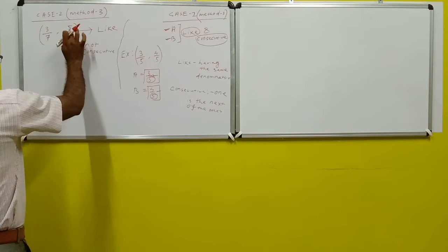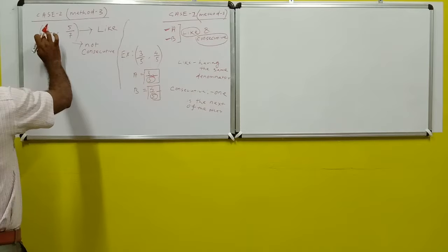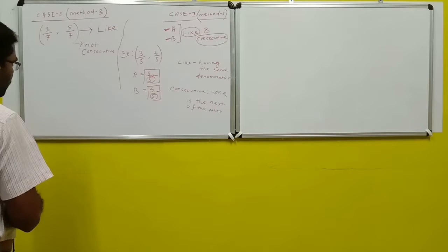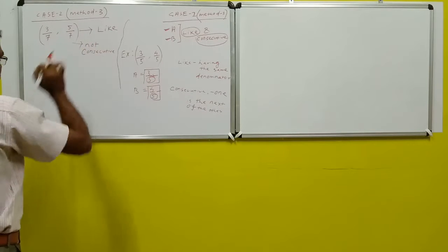It means one rational number is not the next of the other rational number. Therefore, they are not consecutive.